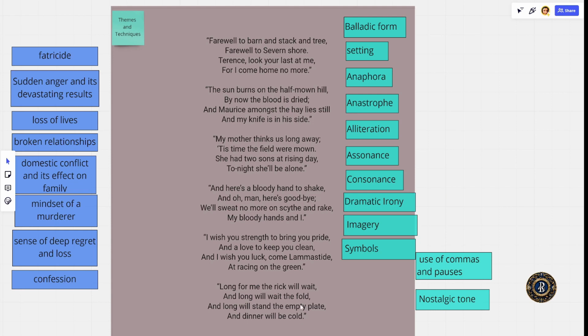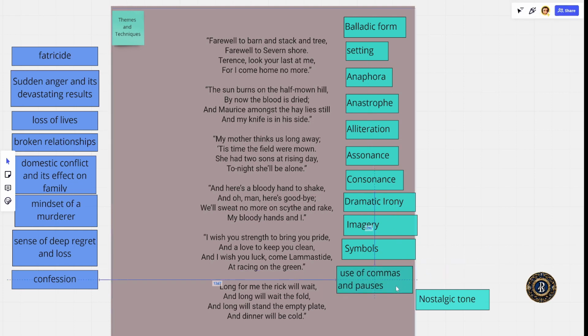And in the last stanza, the empty plate symbolizes the emptiness of the speaker's life, and his future is quite unclear. His life is now quite empty without his loved ones, because he is going to leave his familiar surroundings and his loved ones.